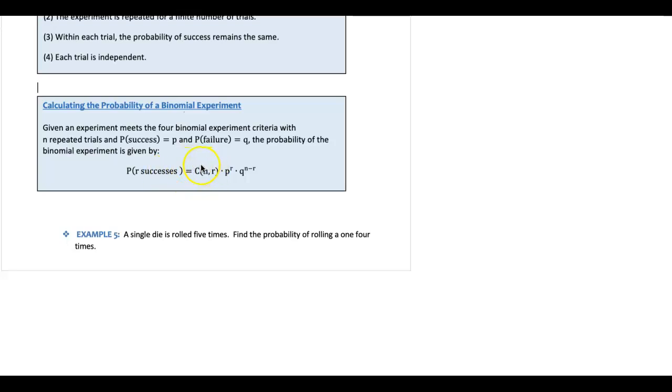Then we found the combination. We took our probability of success and we used the exponent of 2 because we wanted 2 successes, 2 blues. And we took the probability of failure, probability of white, and we used the exponent of 1 because we wanted 3 total minus 2 blues to equal 1 remaining marble being white.